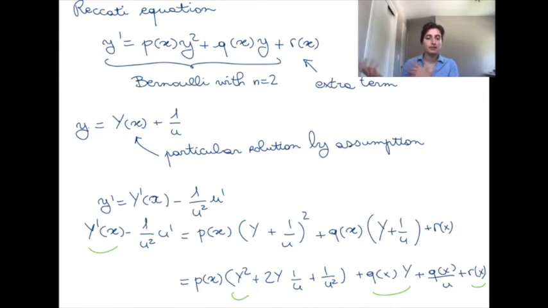And we plug this in the full equation, and expressing this in full, we notice how capital Y returns in the same format as the Riccati equation itself, so we can simplify it out.